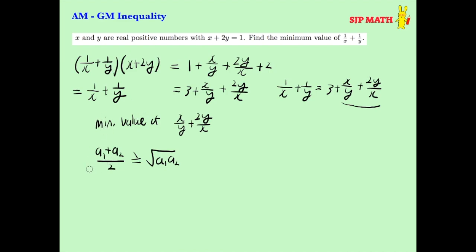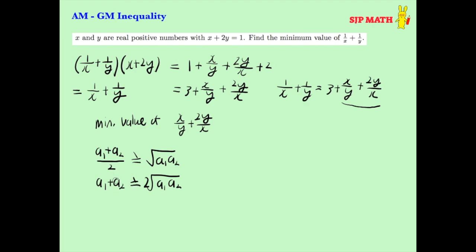So let's multiply 2 on both sides. a1 plus a2 is larger than or equal to 2 times the square root of a1 times a2. So we can see here that this shows a value that a1 plus a2 is larger than or equal to, or the minimum value of a1 plus a2.